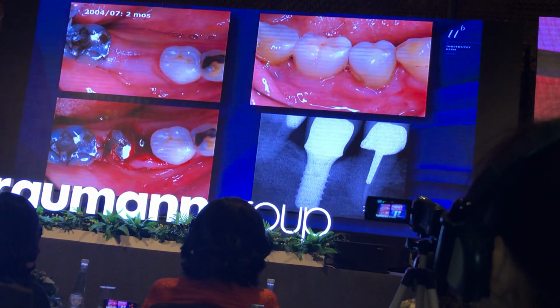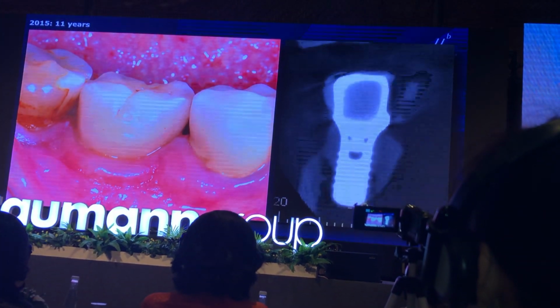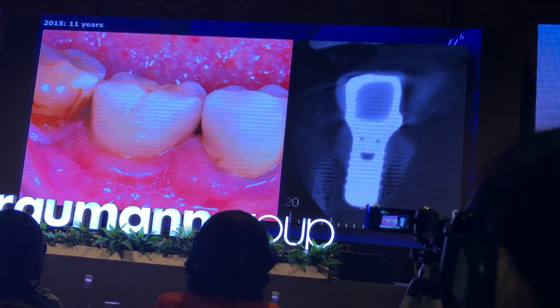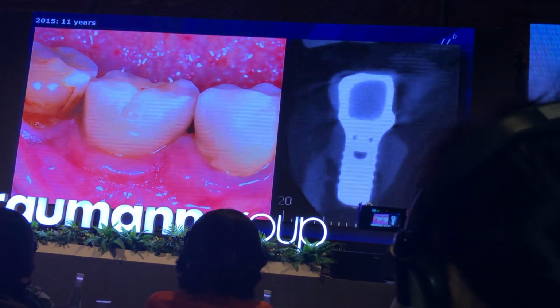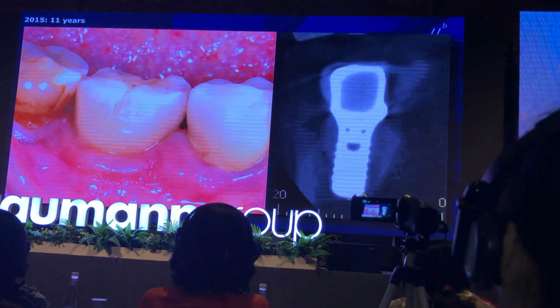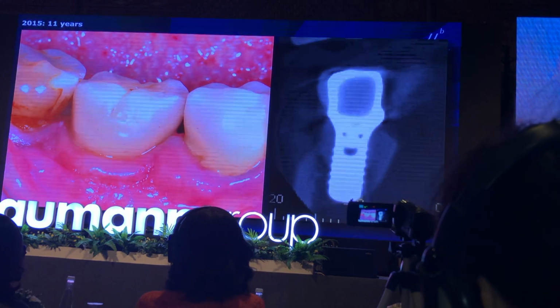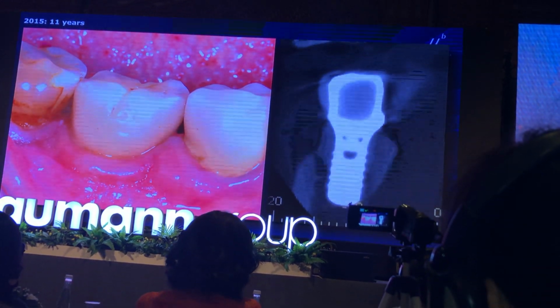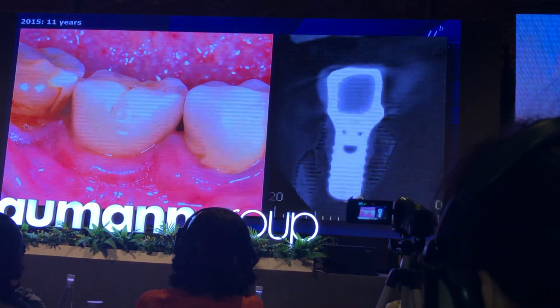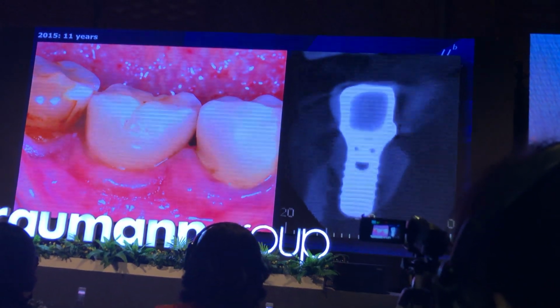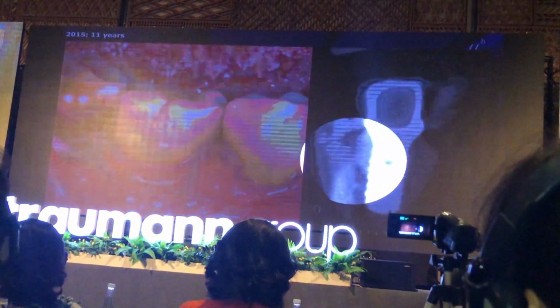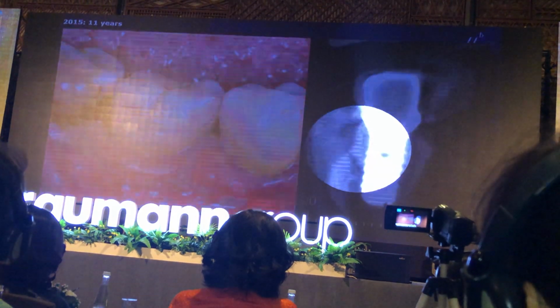That is 3 years post. Here you see the patient in 2015, 11 years, that's when I did the other implant in the maxilla. And when I saw her again last Friday, you see here also, when we took a cone beam, the buccal wall is fully intact.